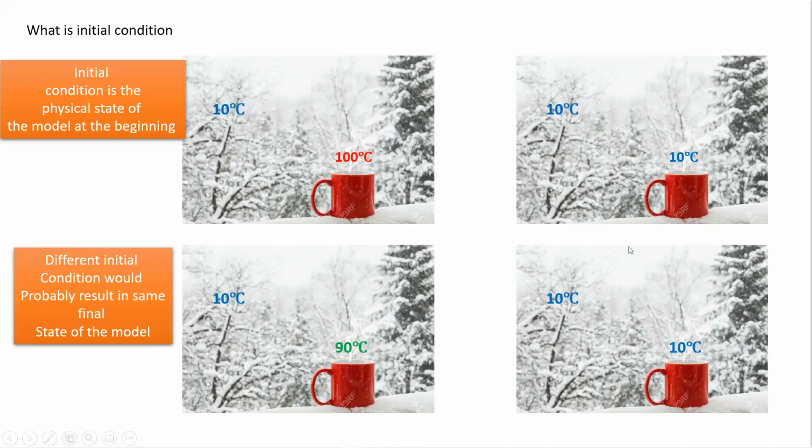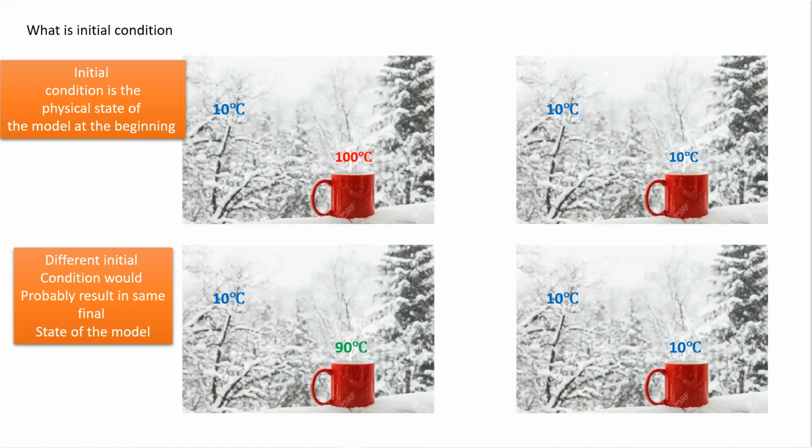And for initial conditions, if we are still thinking about the same question, what is the temperature of the water after 5 hours? If the boundary conditions are the same, but the only difference is their initial condition, like the first cup of water has a temperature of 100 degrees, but the second cup of water has a temperature of 90 degrees, after 5 hours their temperature will eventually become the same because they have the same environment temperature, right?